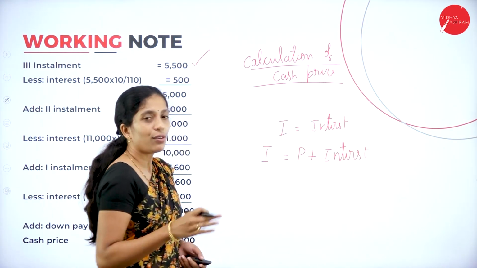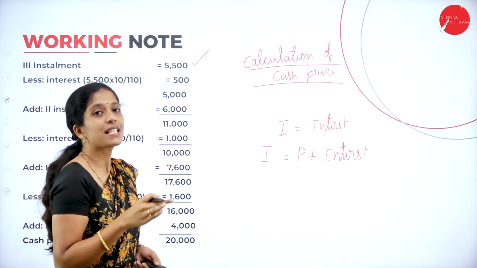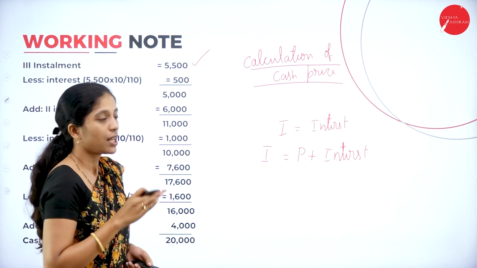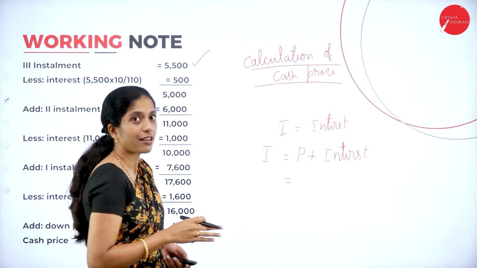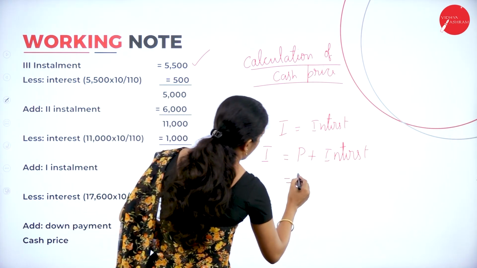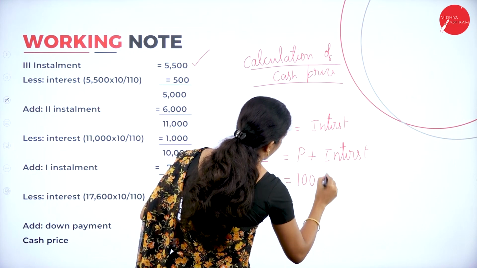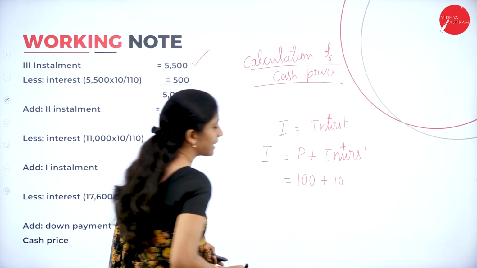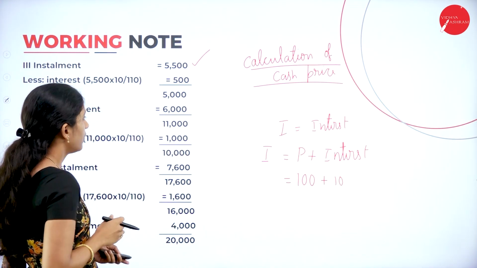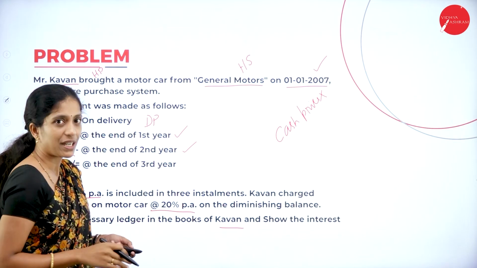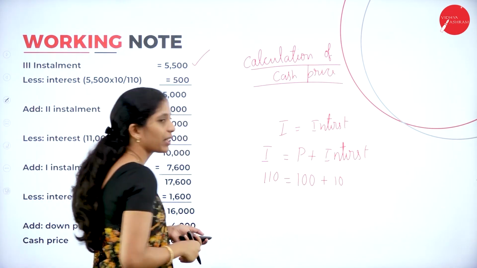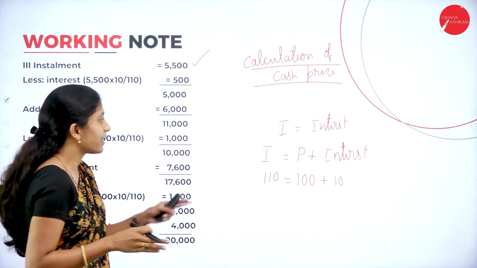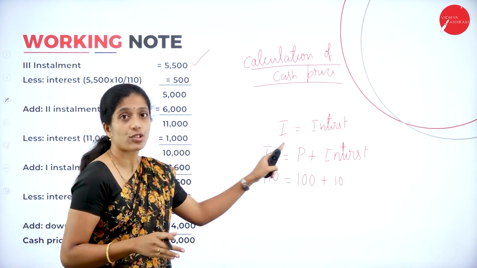So, let's assume that principal is 100 and interest is 10%, then installment is how much? 110. Clear?